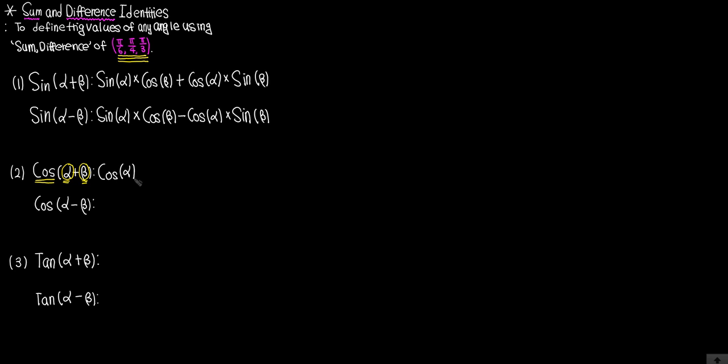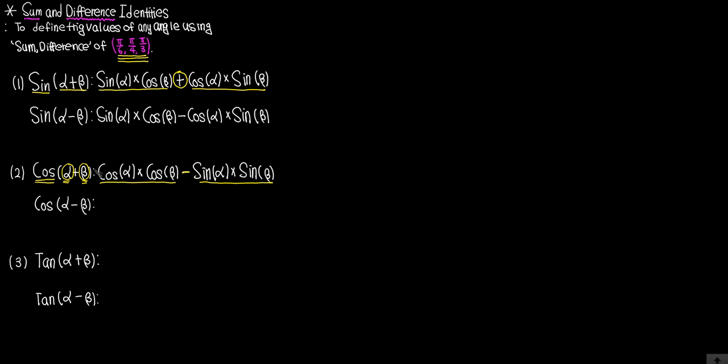Cosine of the first angle, alpha, times the cosine of the second angle, beta, but minus the sine of the first angle, alpha, times the sine of the second angle, beta. So unlike the sine, where for sine of alpha plus beta the two expressions were being added, for the cosine, if it's a sum identity, then the two expressions will be subtracted.